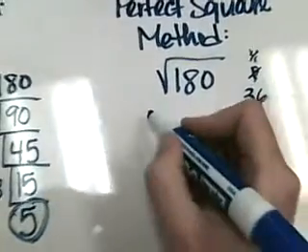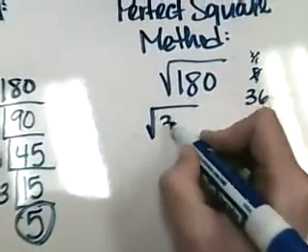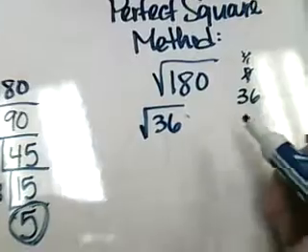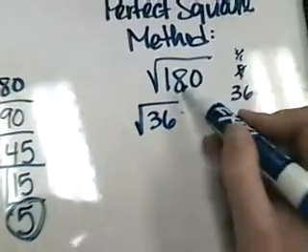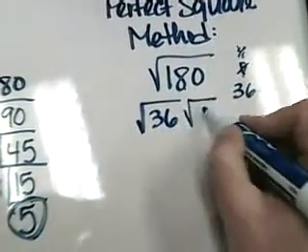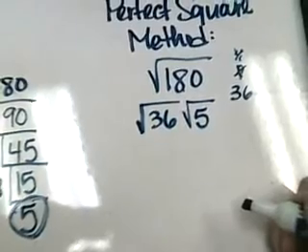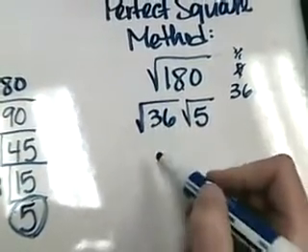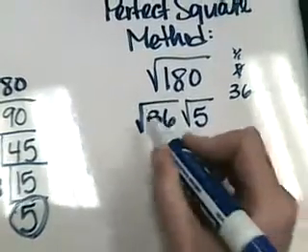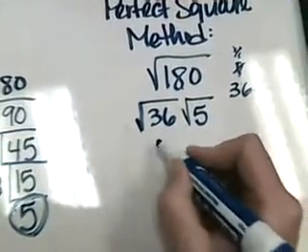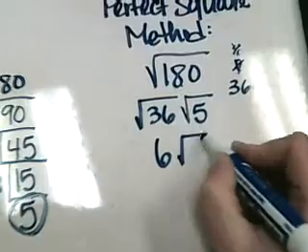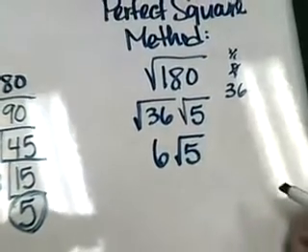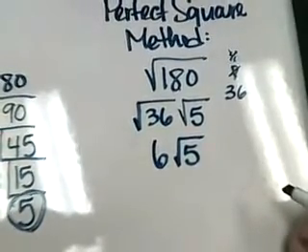So we're going to split 180 into its perfect square, and then what was left? 180 divided by 36 was 5. Now we can clean up this first guy because we know what the square root of 36 is. He's a perfect square. The square root of 36 is 6. And then leave your prime guy alone, 6 square root of 5.